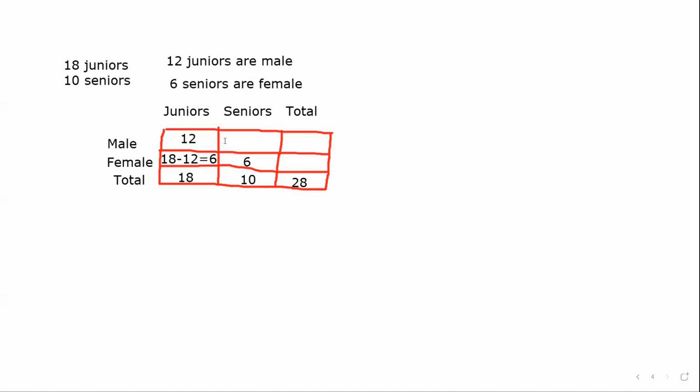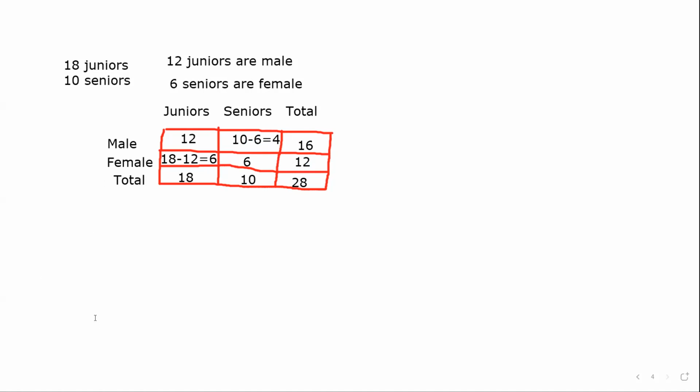Now let's add 12 plus 4. That's 16. And 6 plus 6 is 12. Is 16 plus 12 28? Yes, it is. So we're more than likely on the right track. Okay, so we have our box now, right? Now we can get any probability they want.